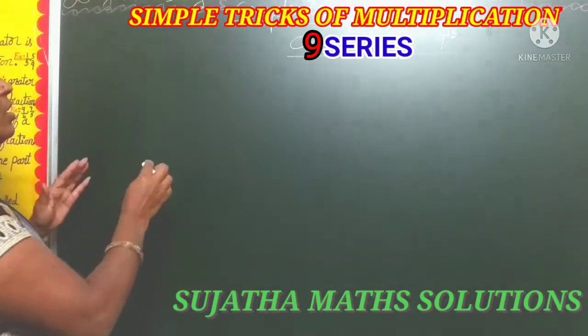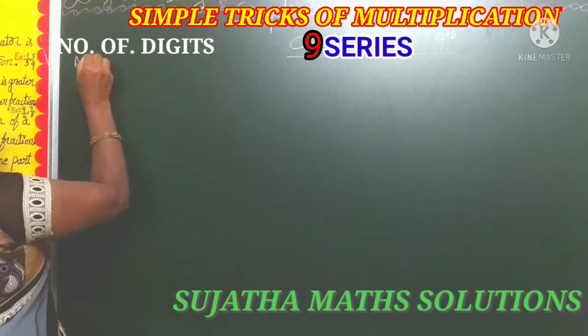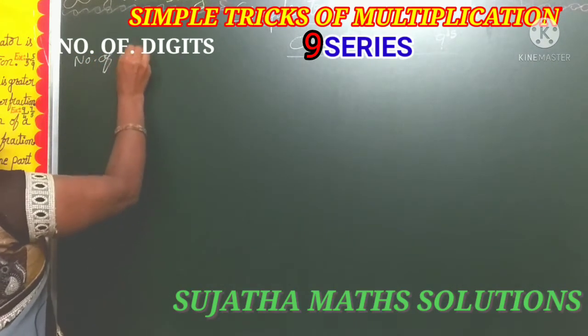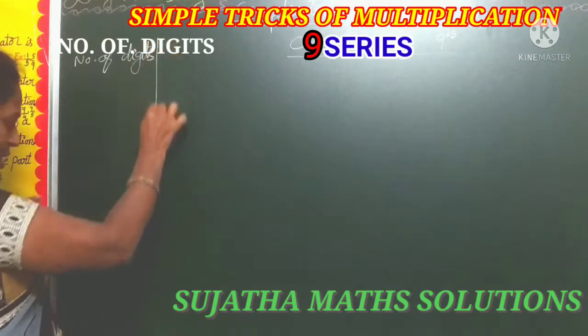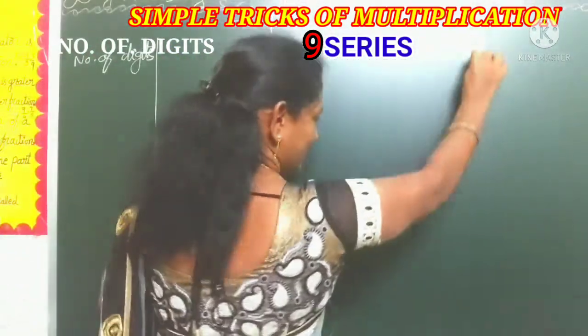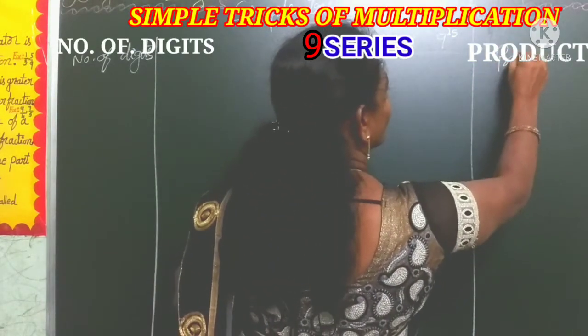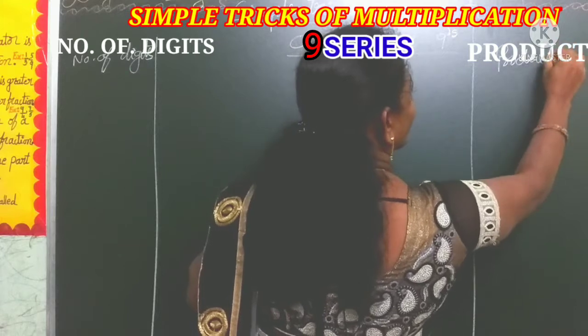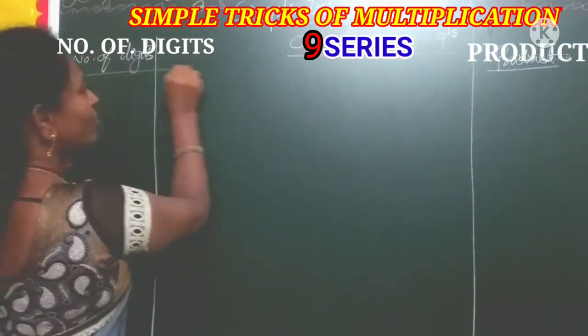First, the number of digits is important. Next, here is the operation by nines and their product. See first how to do.